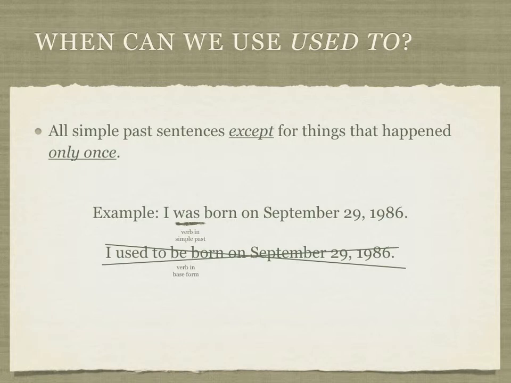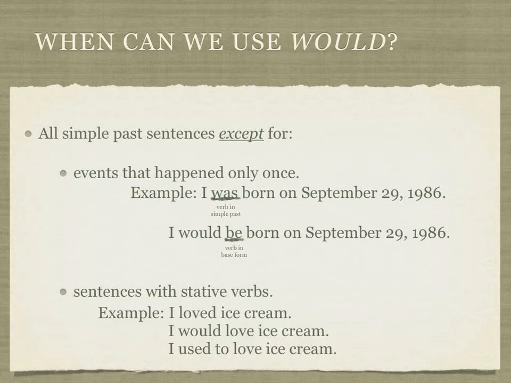You can't use used to. When can we use would? So would can be used in all simple past sentences except for events that happened only once, which is the same rule as used to. Again, you can't say I would be born on September 29th, 1986.